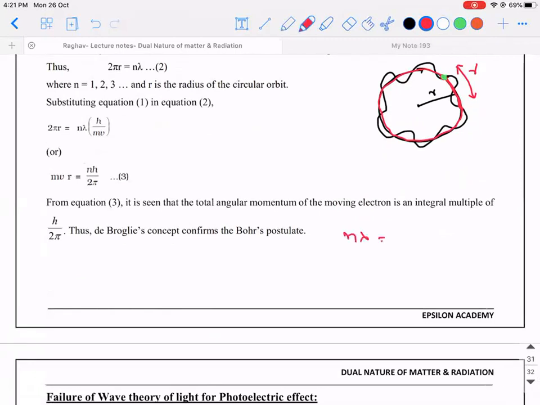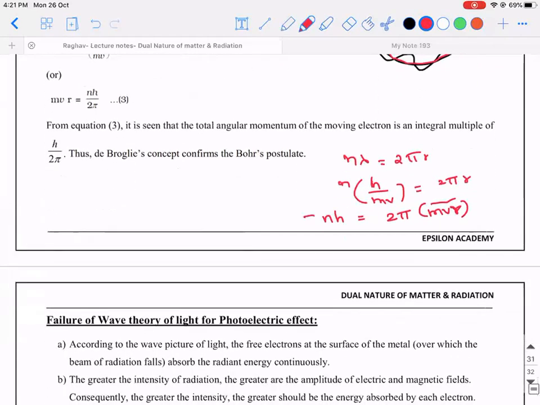When I write n lambda is equal to 2 pi r, in the place of lambda, can I write it as h by mv? So n h is equal to 2 pi into mvr. Can I write it like this? But what is m into v into r, guys? mvr is nothing but angular momentum. From this, can I write L is equal to nh divided by 2 pi. And this is the condition for Bohr's quantization theory.